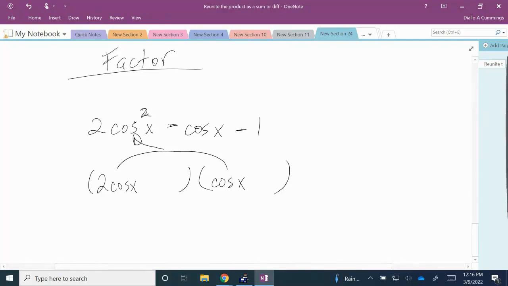Now I have to determine my signs. Here's where a little bit of trial and error comes in, or trial and check, I should say. Since my last term is negative, I know that one of my numbers should be positive and one should be negative.